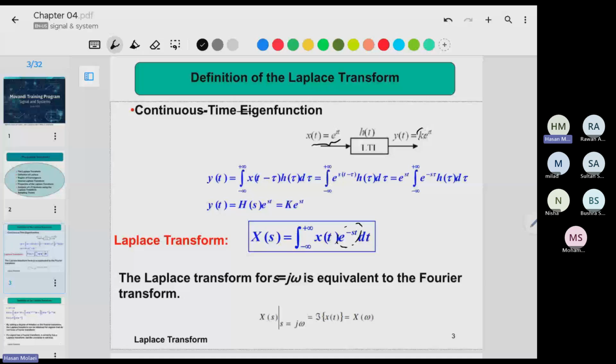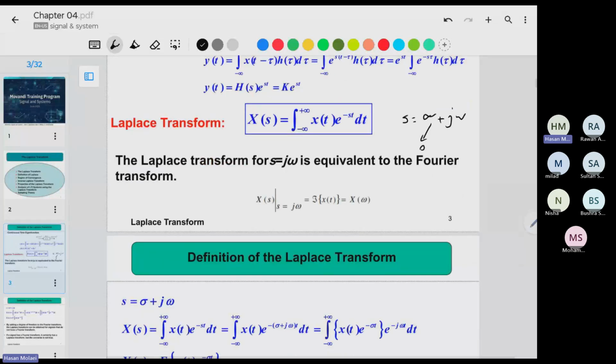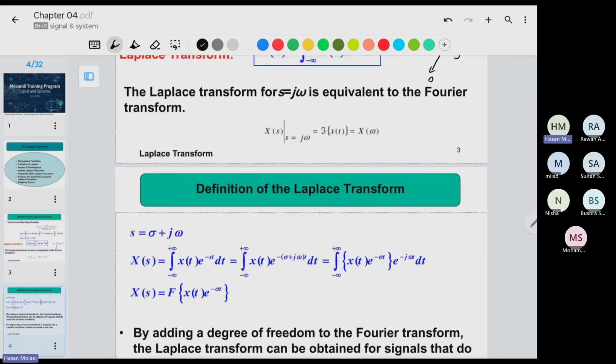The Fourier transform was a simple form of the Laplace transform if we consider s as only j omega, which means if we consider the real part of s as 0, in that case the Laplace transform can convert to the Fourier transform.